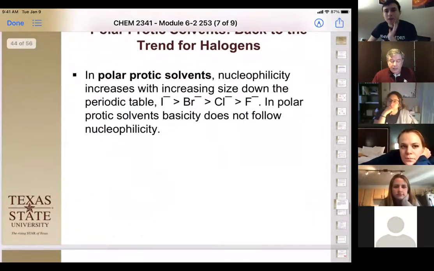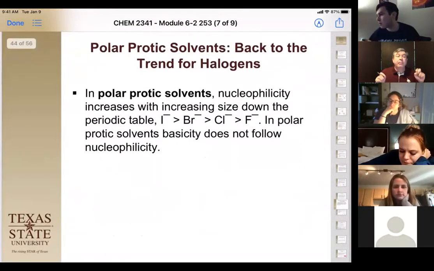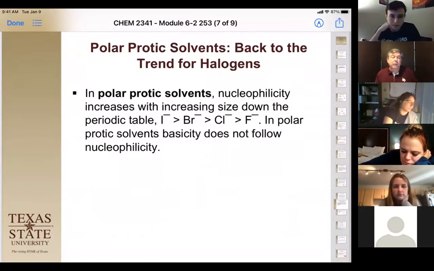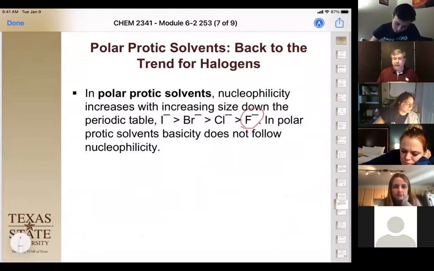When we have our halogen system and we use them in a polar protic solvent, so water, methanol, etc., iodine is going to be more nucleophilic than fluorine, even though fluorine has a higher electronegativity. Why?